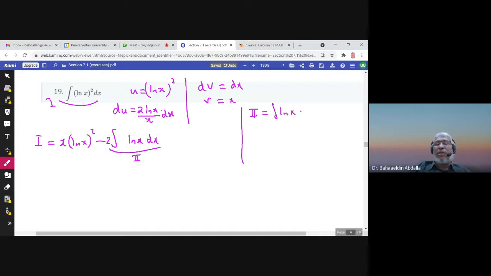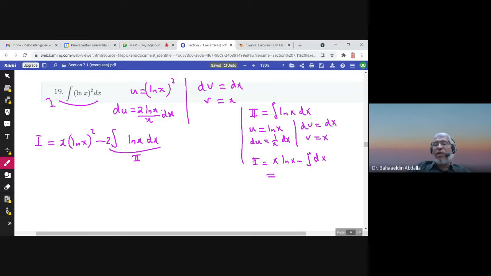The integral of ln x dx, we have found it before anyway. Also, we use integration by parts. I take u equals ln x, and du would be 1 over x dx, and dv would be dx, and v would be x, and I would be equal to uv, which is x ln x, minus the integral of v du. And notice that x times 1 over x is just 1.